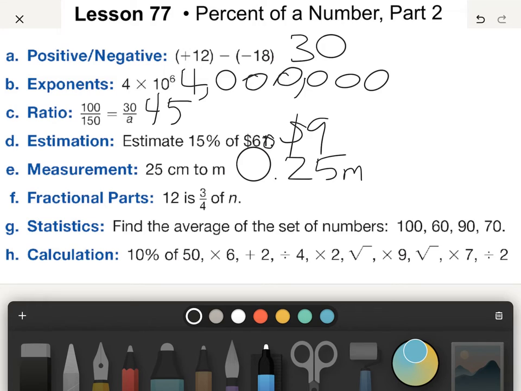So you got 4.5. For 12, I can just divide 12 by 3, which is 4, then 4 times 4 is 16, n equals 16.